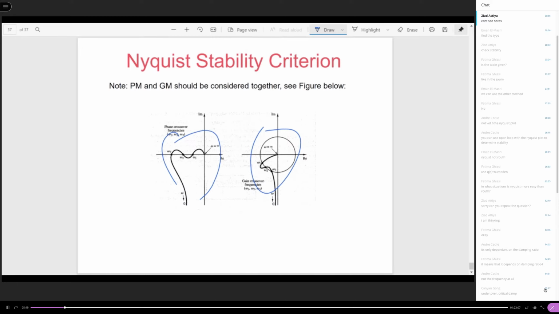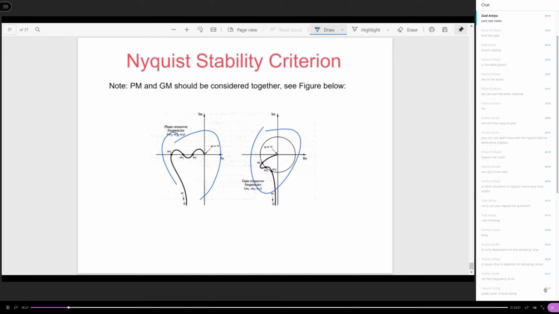What this means is do not think that a system that has a big gain margin but a very little phase margin is going to be good. Vice versa, do you think that a system with a big phase margin but without any gain margin is good? No. In practice, you need to have both margins reasonable at the same time.